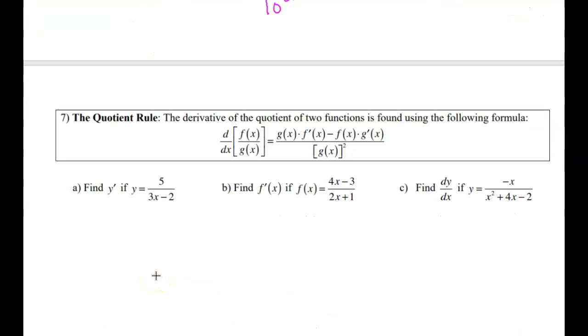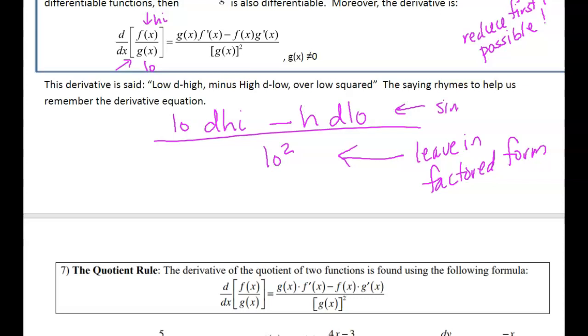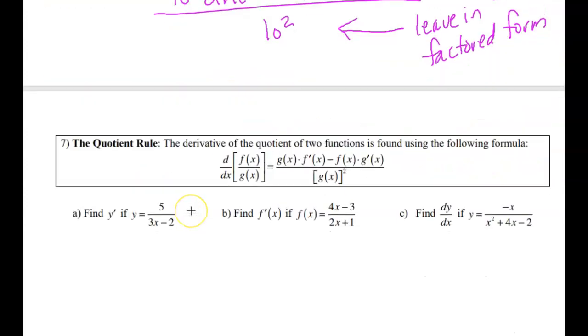That is just a lot. Because this is in low squared, you're going to leave your denominator in factored form. So I'm going to put a little hint here. So leave in factored form. And in the numerator, you are going to simplify that, okay? And a lot of times these will not factor any further. That's not the goal. Okay?